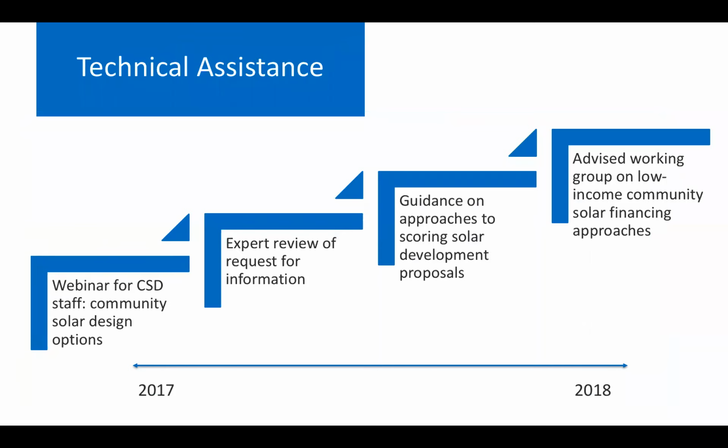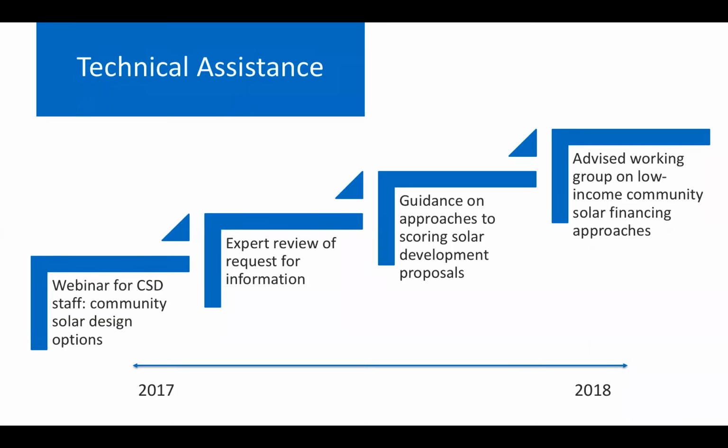Given these goals, over the course of a year, NREL provided different flavors of technical support at key project milestones. So the technical assistance began with a webinar and discussion for CSD staff on community solar design options to raise awareness of how projects are typically structured and the role CSD could possibly play in a pilot project.